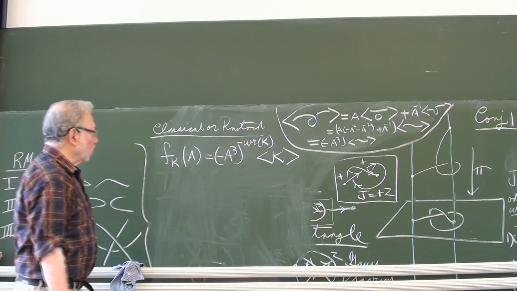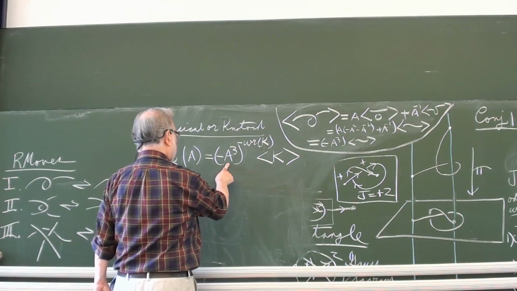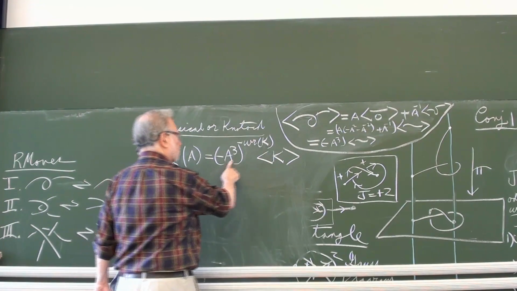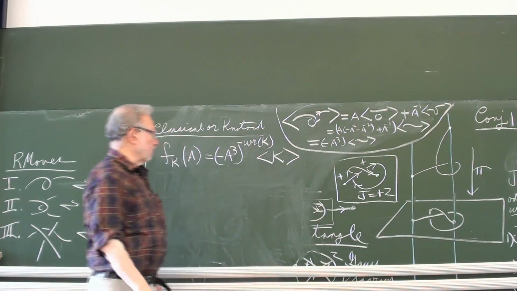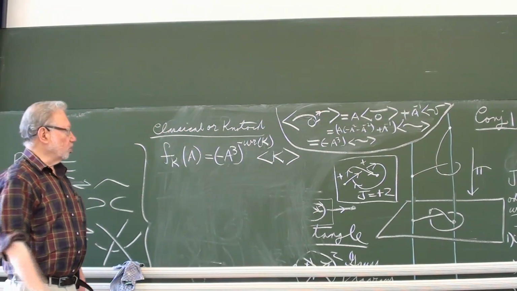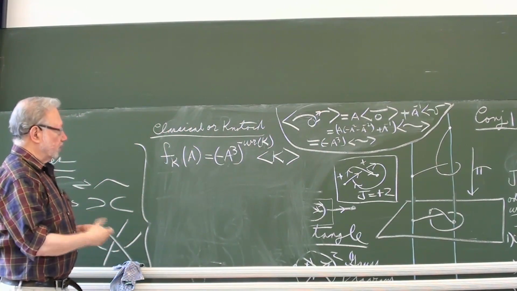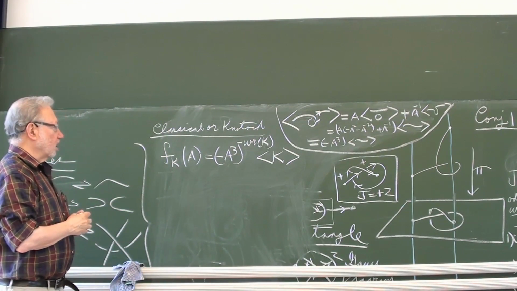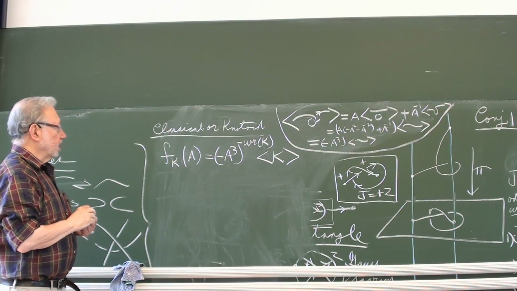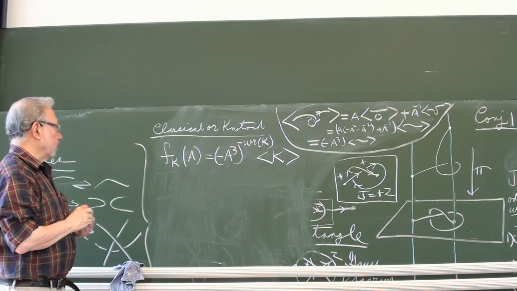So then you see that this is going to compensate precisely for what this does, because what you're looking at here is a local writhe contribution of plus 1. So if it multiplies by minus A cubed and you compensate by minus A cubed inverse, then it would not be behaving at all for that. It would be invariant under that.